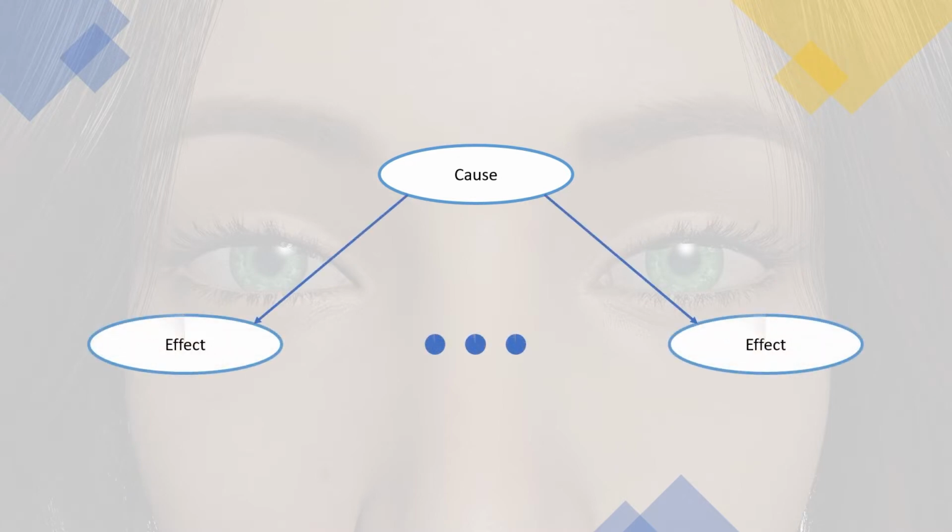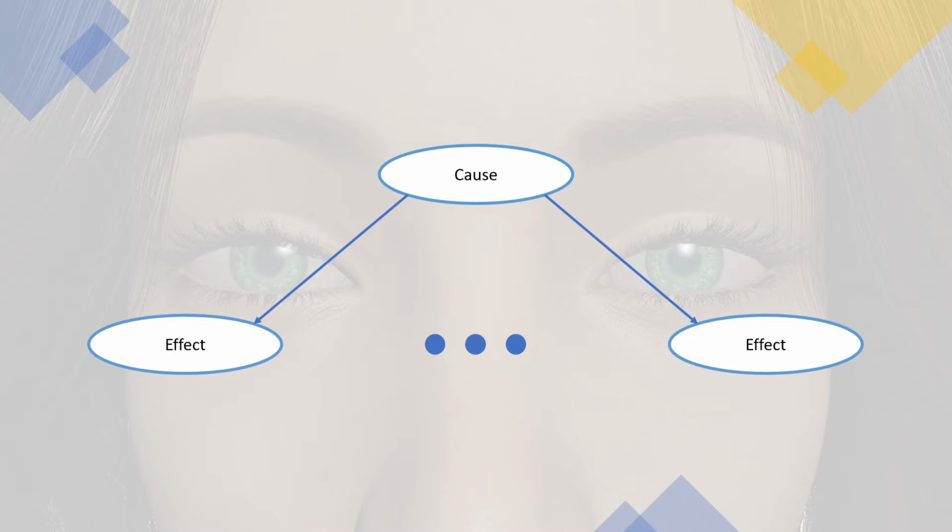Bayesian networks are structured like this. We have nodes that represent, for example, causes, and these nodes are connected by arcs with other nodes representing the effects.